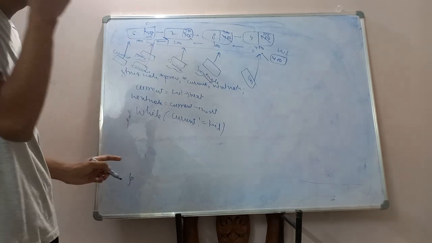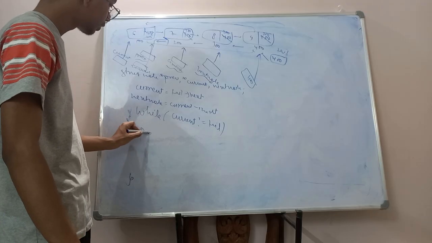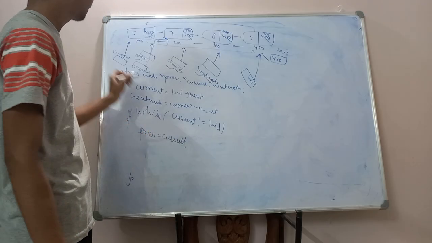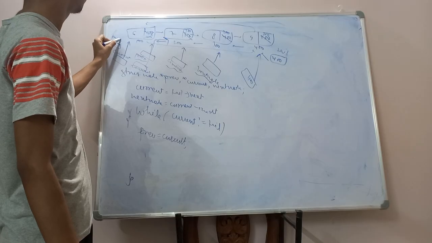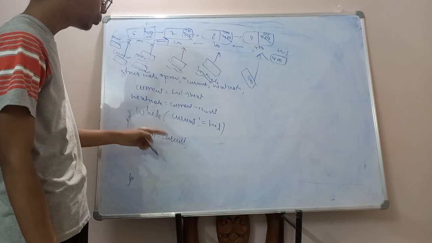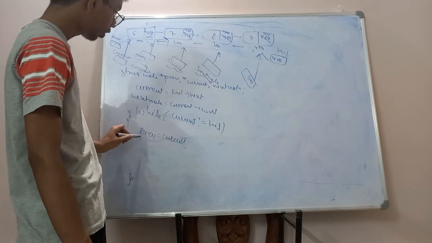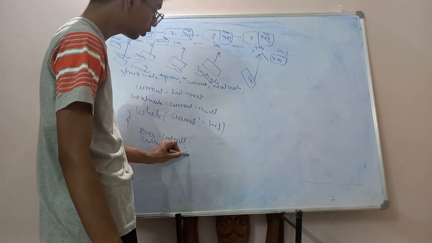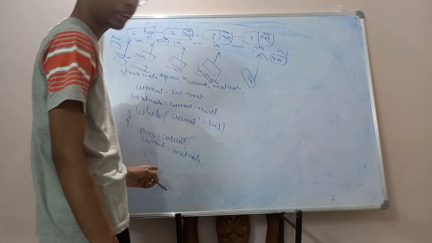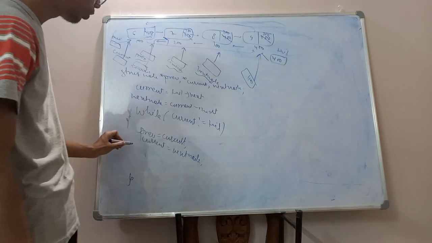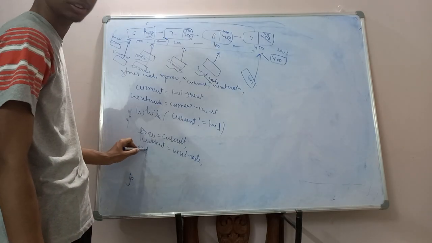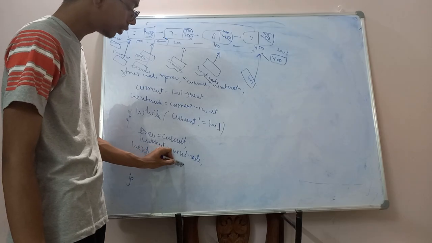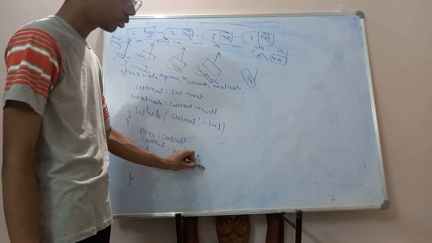What I will write now: previous is equal to current. So previous will now point here, and I will move current one ahead. So I will write current is equal to next node, and then I will again make next node go ahead: next node is equal to current next.